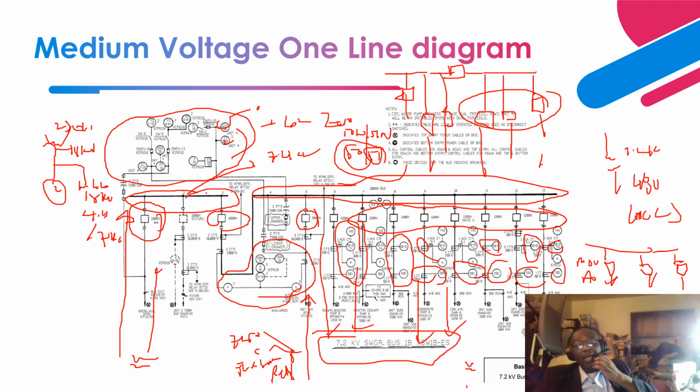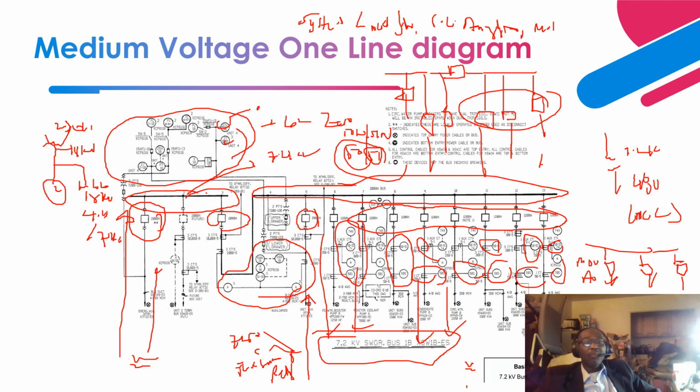Usually in rating of these breakers, load is built up, and after that system studies are performed, right? They perform the load flow, short circuit analysis, motor starting analysis, right? That's how they come up with all these designs, right?